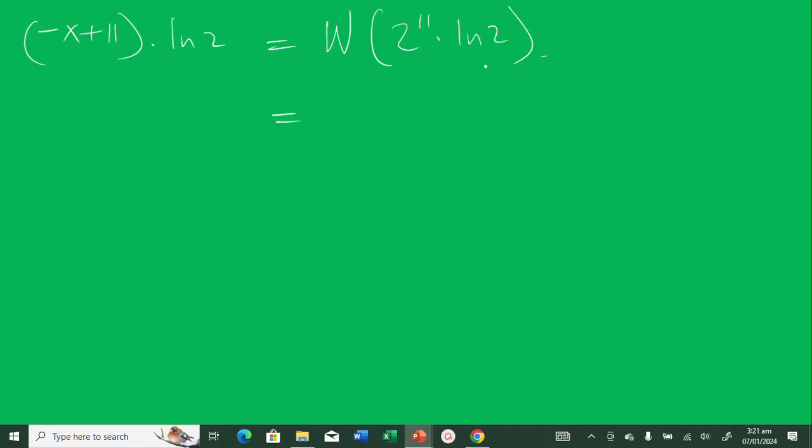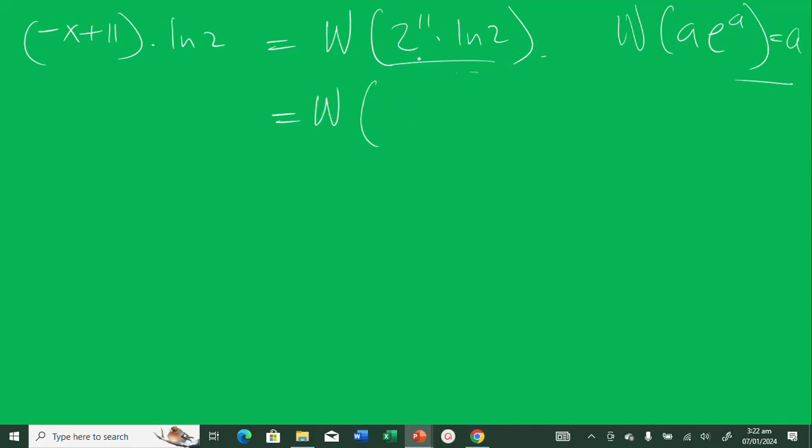Now, we need to express this in the form of the Lambert W: W of a times e to the power a is equal to a. So we have to express this in this form. Now, for us to do that, you say W.